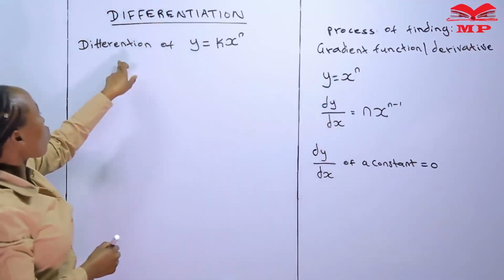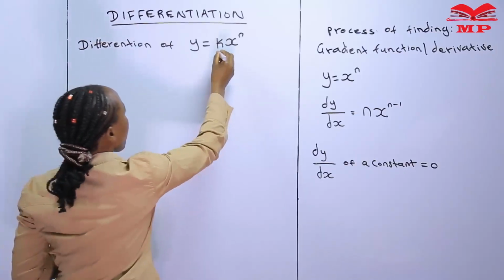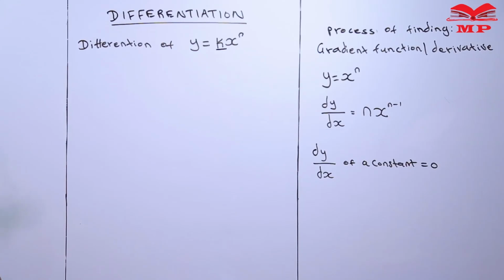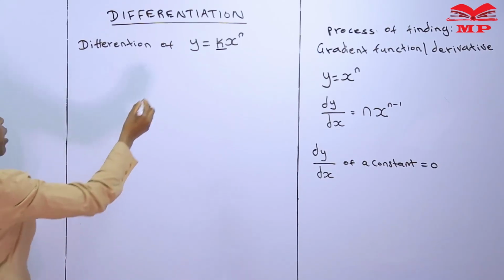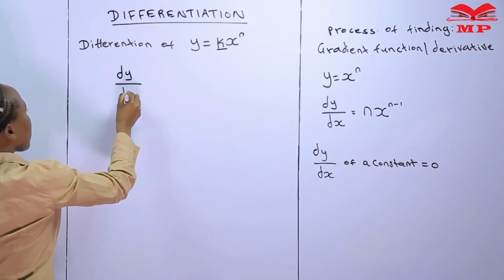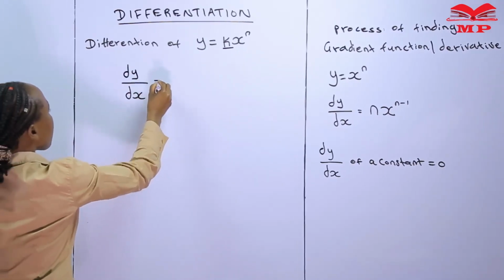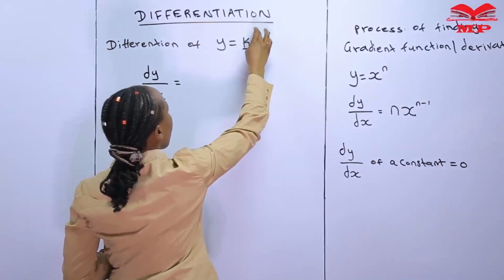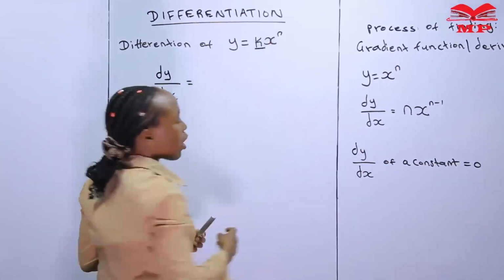So I want us now to consider a case whereby our coefficient is not 1, but a certain constant more than 1. When we want to find dy all over dx, we simply differentiate x raised to power n, but then we multiply by the constant.